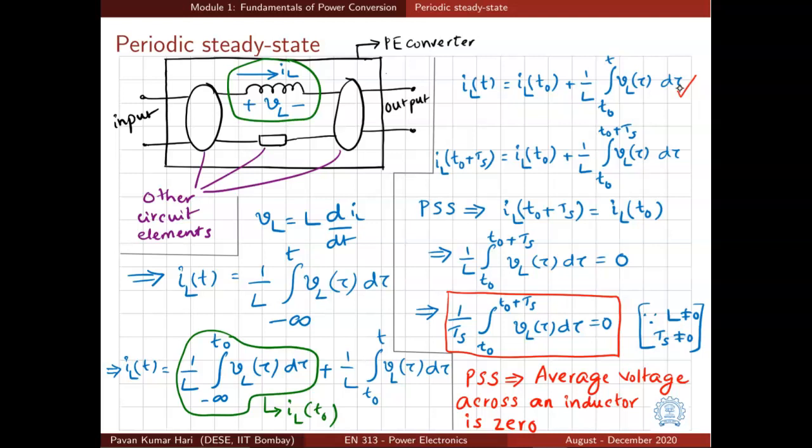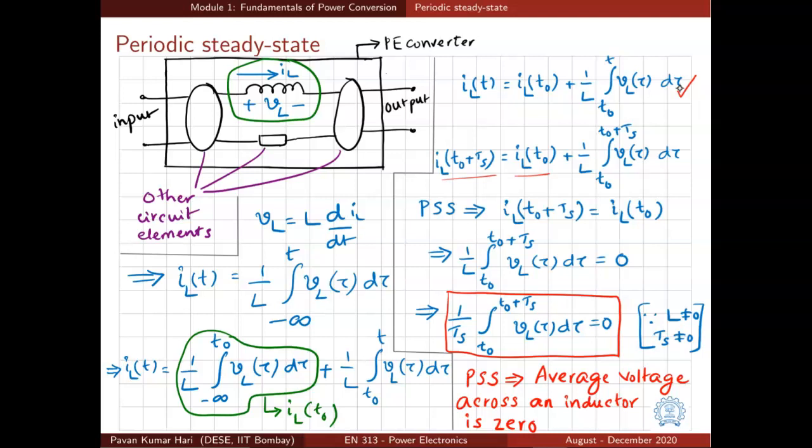But from the condition of periodic steady state, we know that IL of t naught plus Ts is equal to IL of t naught, when Ts is the period of the current waveform IL. So using this condition, IL of t naught plus Ts is equal to IL of t naught, we can show that 1 by L integral t naught to t naught plus Ts VL of tau d tau is equal to 0.